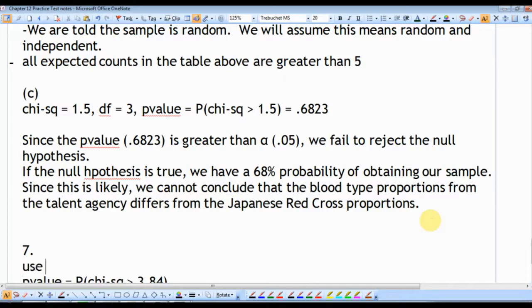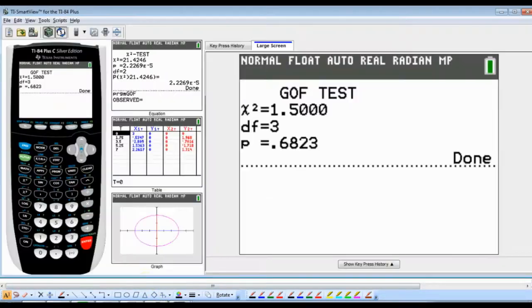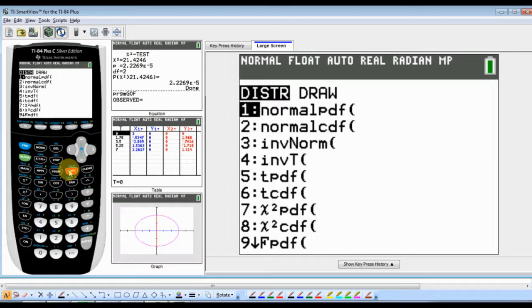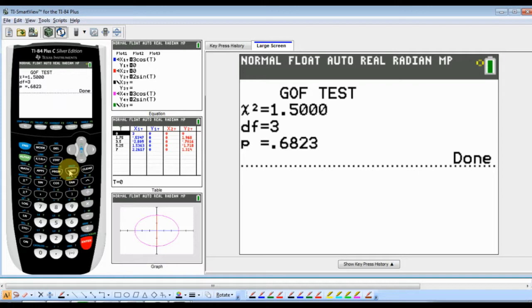I think it was 2, right? So let's calculate that. We're going to go to the distribution menu: chi-square CDF 3.84 with 2 degrees of freedom.